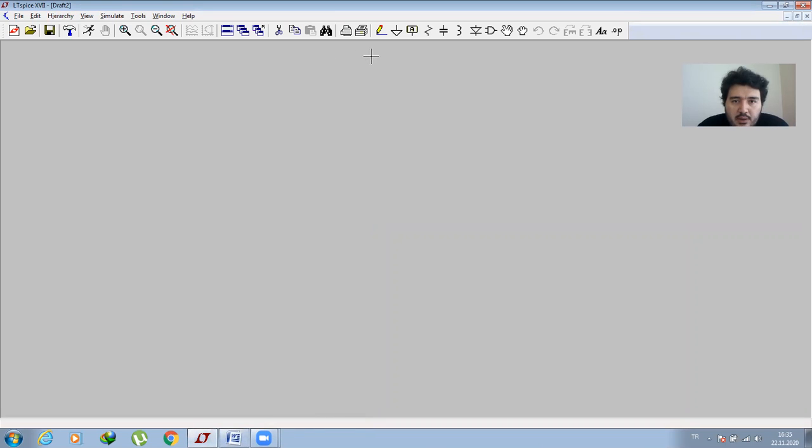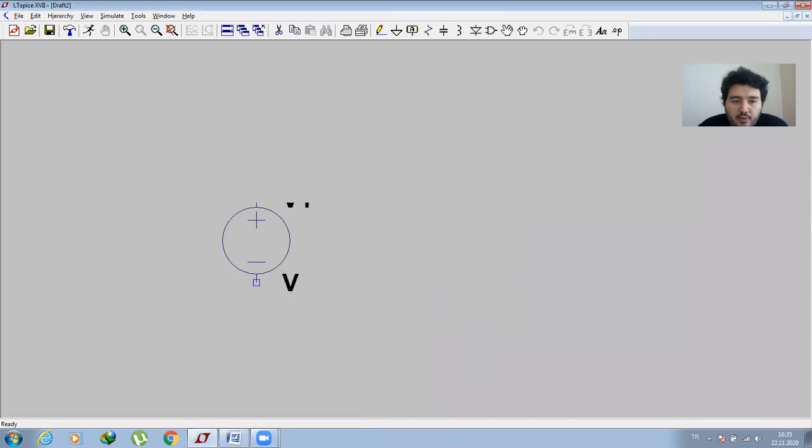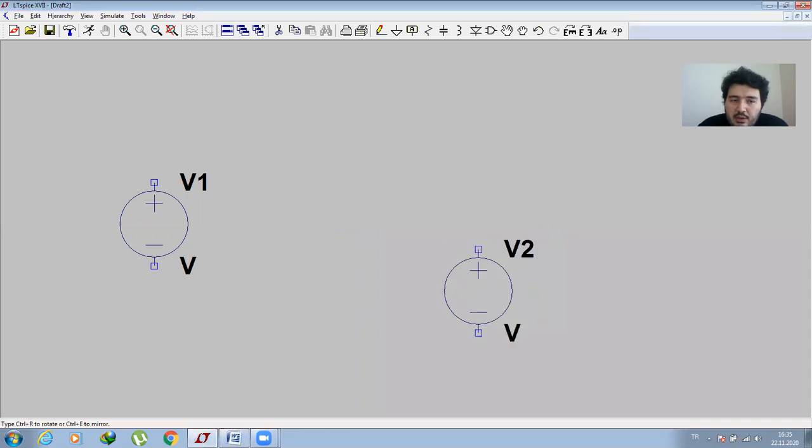We can start with the components. As I select the component tab, I select the voltage source for creating my circuit, and one is here and another one is here.